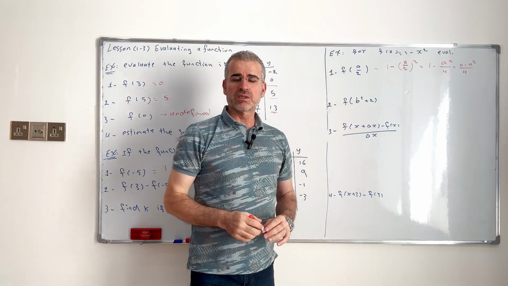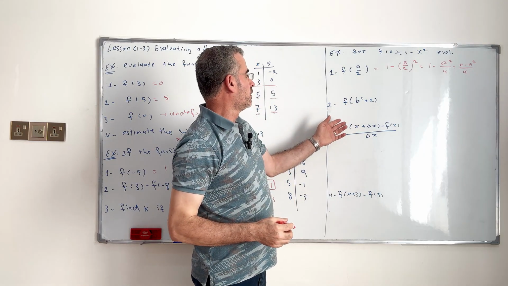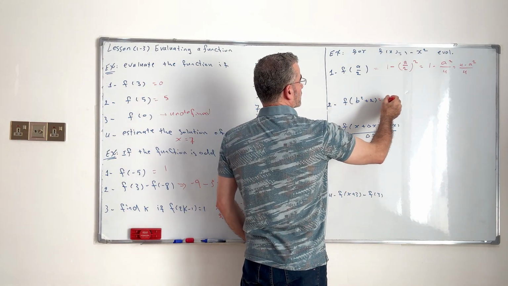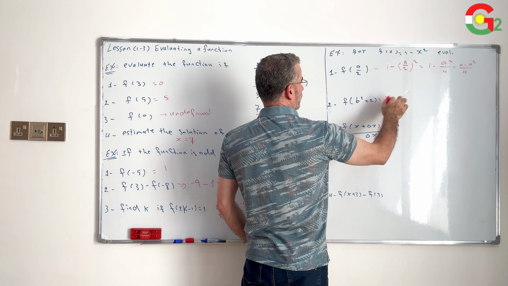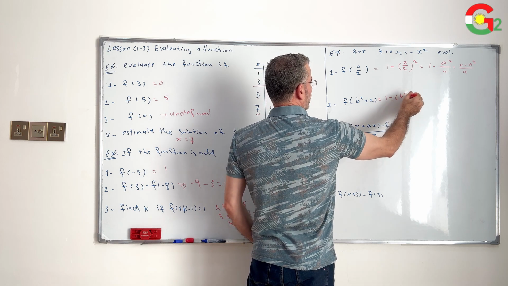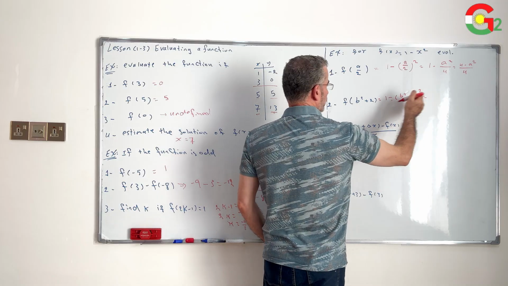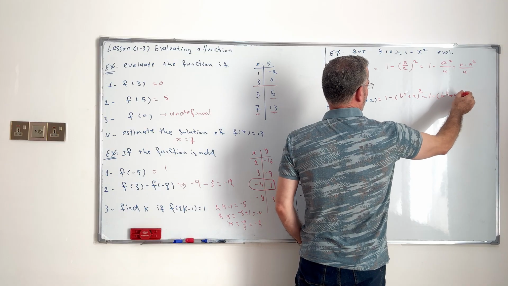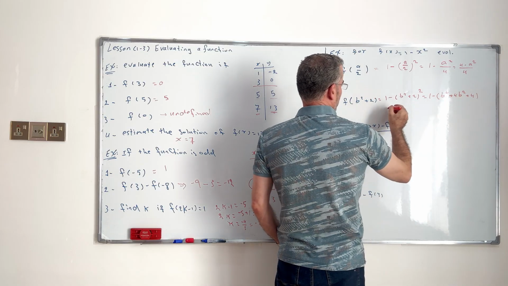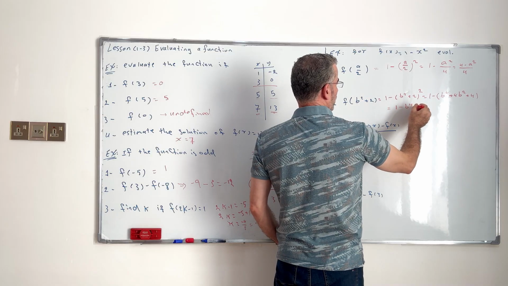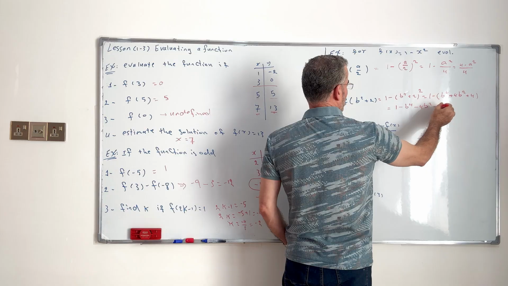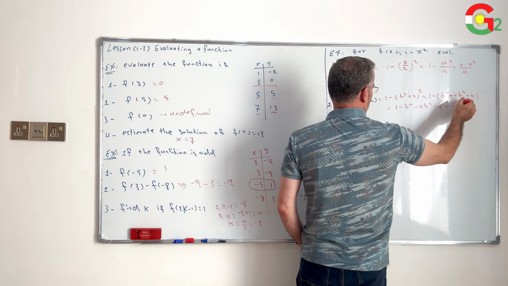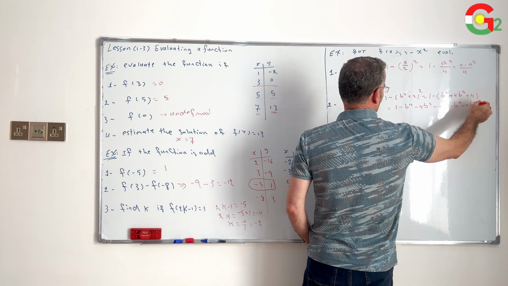If f of b equal to b squared plus 2, find f of b squared plus 2, replace x in the function with b squared plus 2. 1 minus (b squared plus 2) squared equal to, open this bracket, 1 minus (b power 4 plus 4b squared plus 4) equal to 1 minus b power 4 minus 4b squared minus 4 equal to 1 minus 4 is negative 3, minus b power 4 minus 4b squared minus 3.